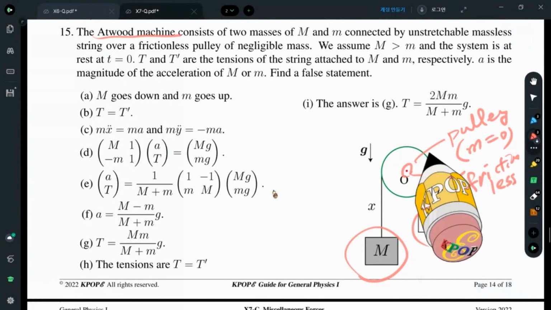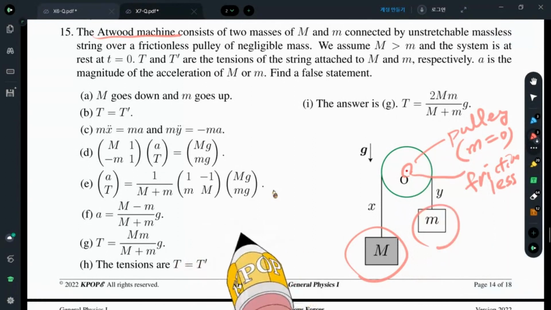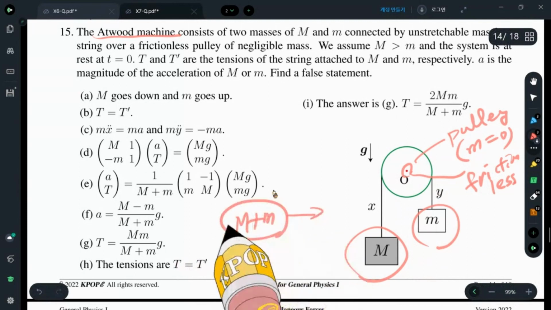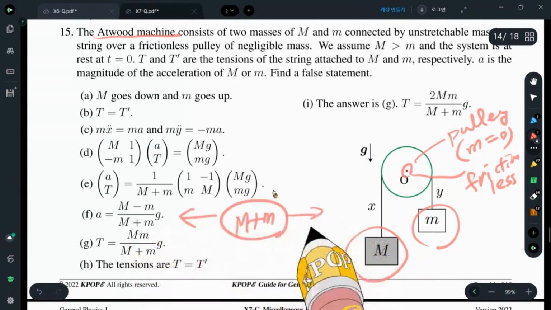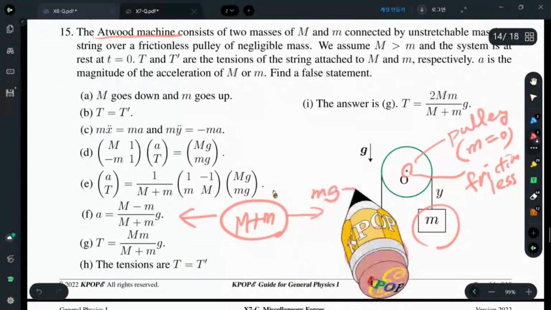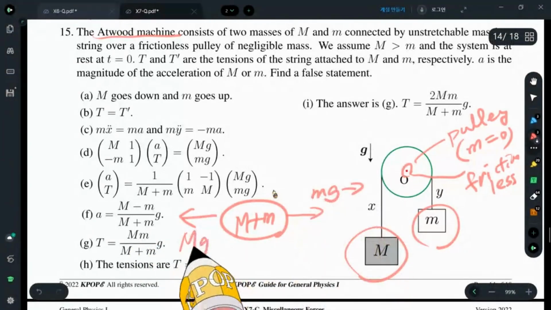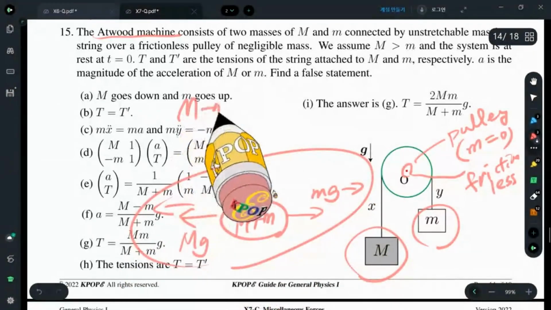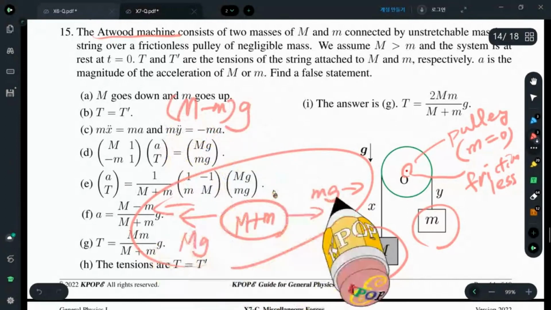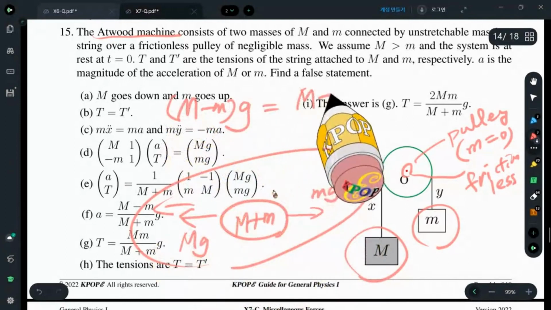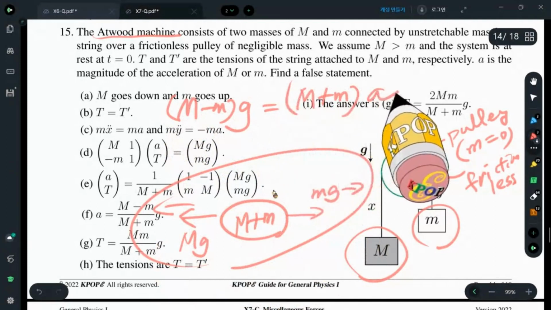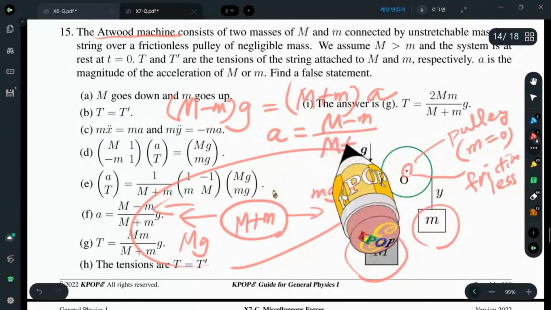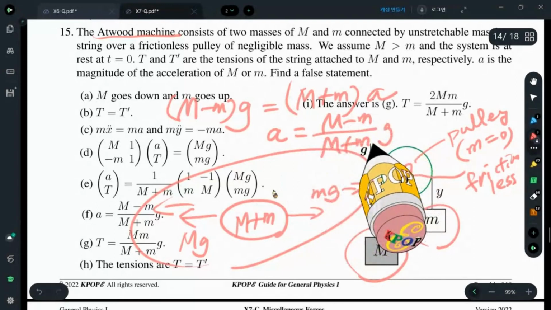In that case, the total system M plus m is acted on by two forces in one dimension. Mg is applied to the right and small mg is applied to the left. So the net force is M minus m times g, applied to the sum of the two masses with the acceleration. So the acceleration should be M minus m over M plus m, g, something like that.